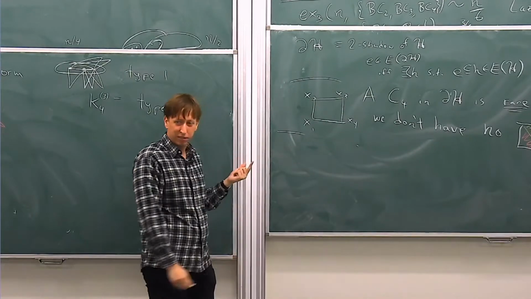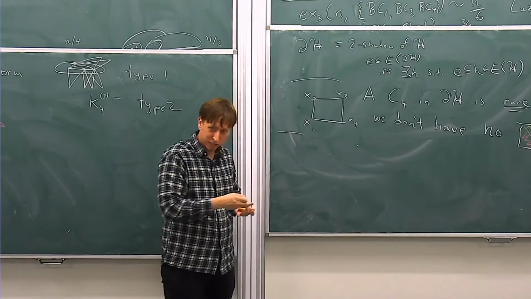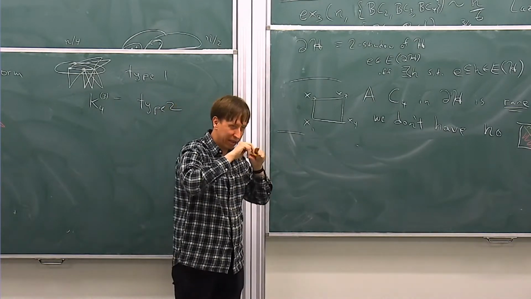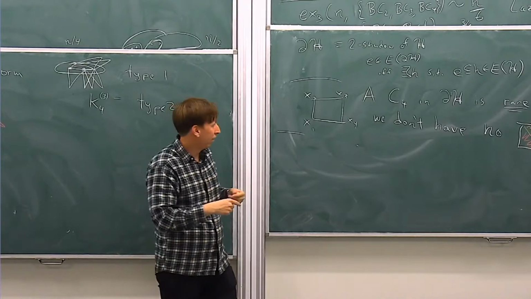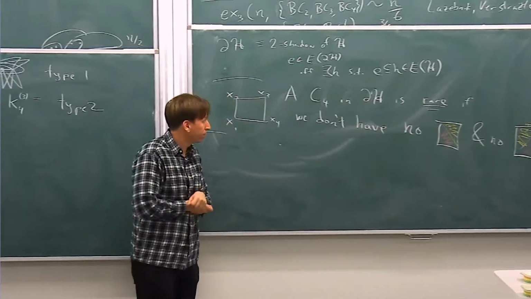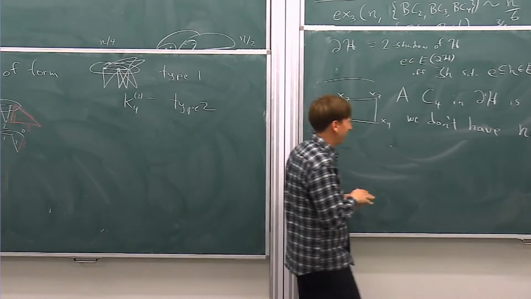Is this clear? This 4-cycle is a thing in the 2-shadow, but it's called rare because there are not 2 hyperedges in the original hypergraph whose intersection is precisely a chord of the 4-cycle.